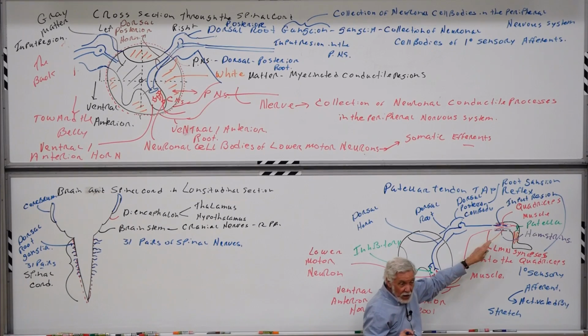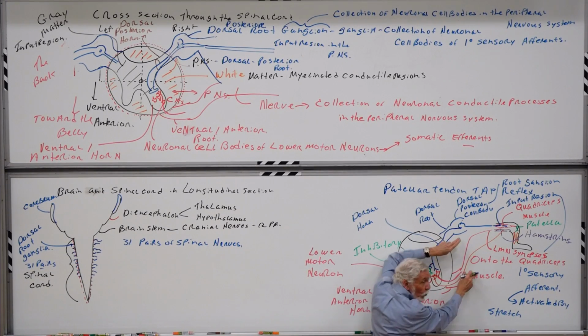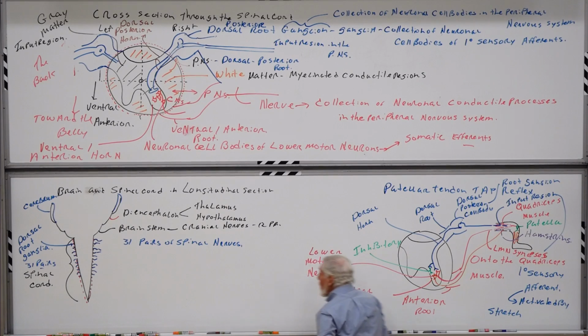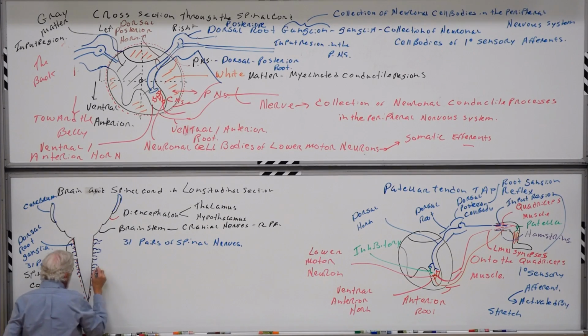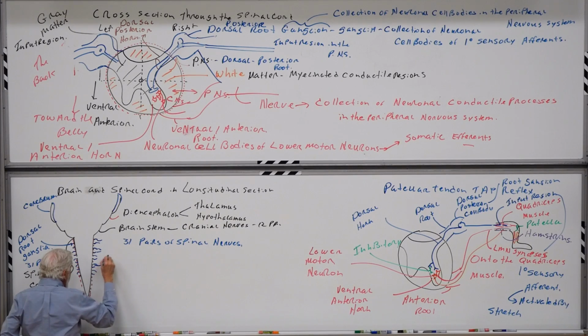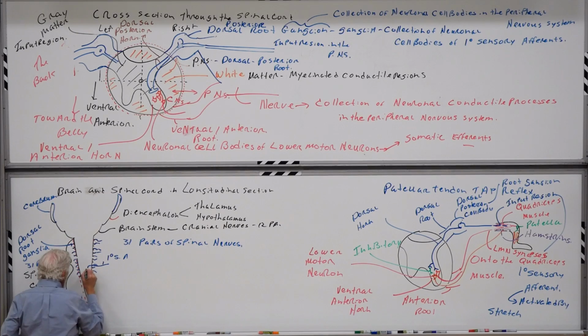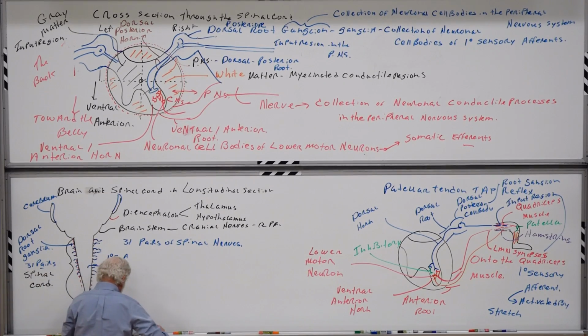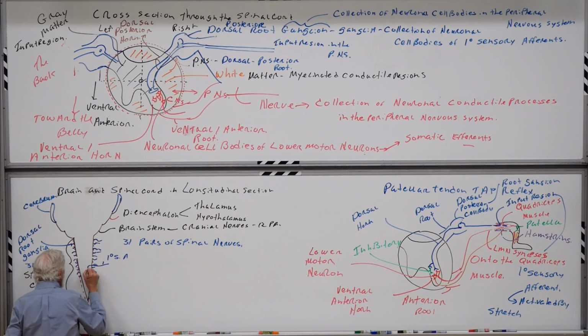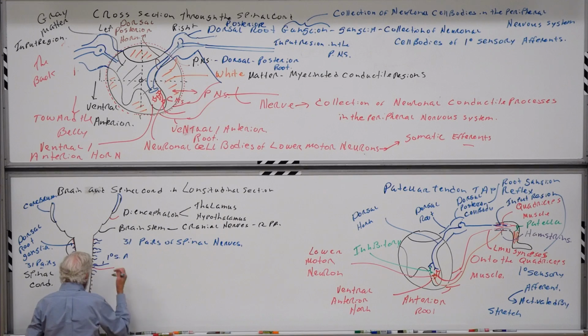It's a local reflex. This local reflex occurs simply because of the innervation of the primary sensory afferent onto the lower motor neuron that then goes out to the quadriceps muscle.